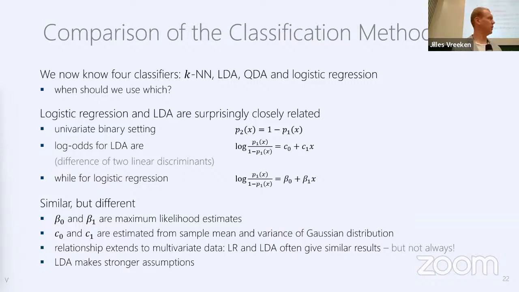Before I continue, I can say LDA makes stronger assumptions. I mean, yes, obviously, the world is Gaussian. Why do you think they don't necessarily give the same results?